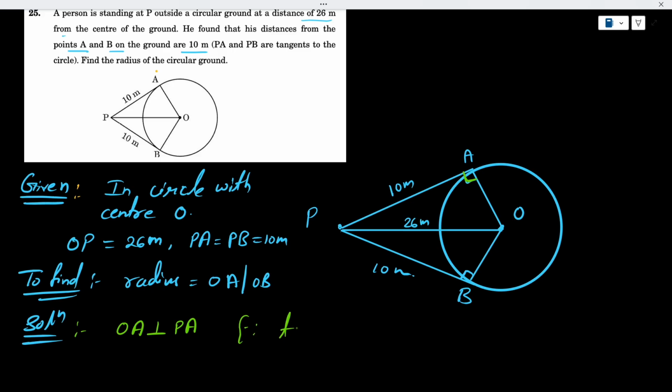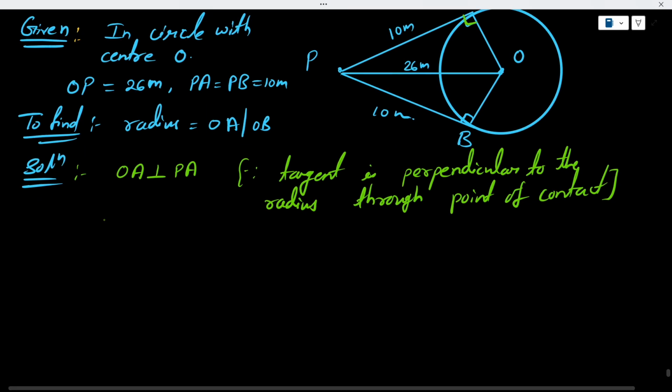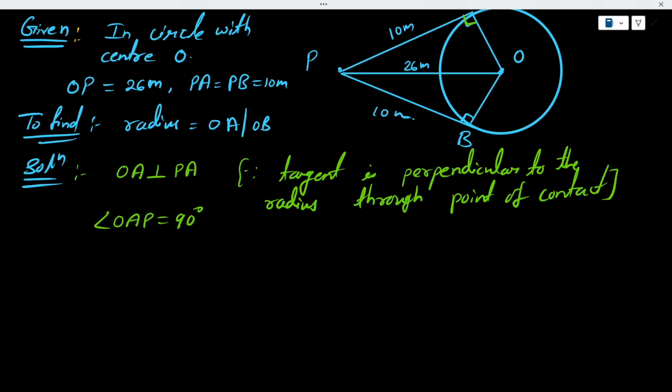Because the tangent is perpendicular to the radius through the point of contact. Writing this statement will carry half mark. So you can write that is why angle OAP is 90-degree.